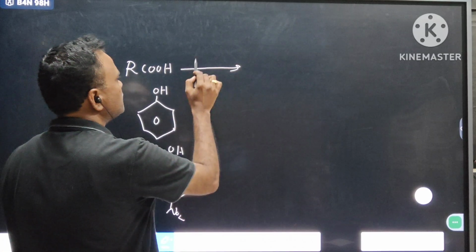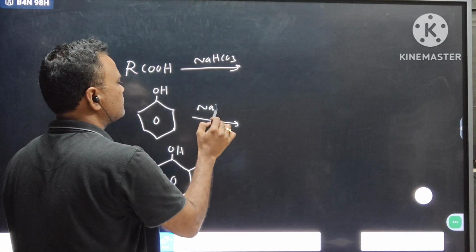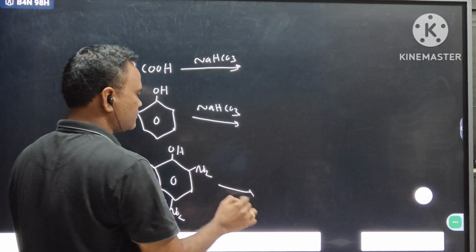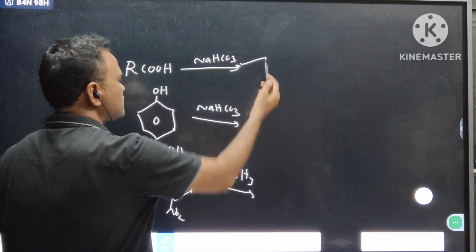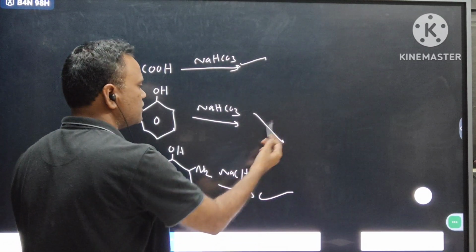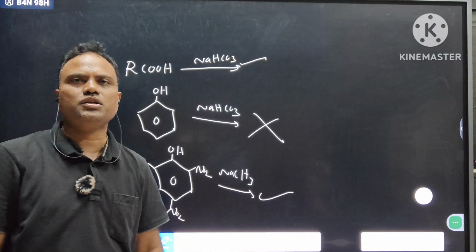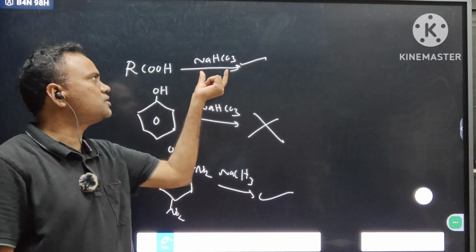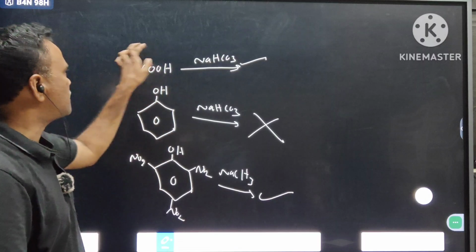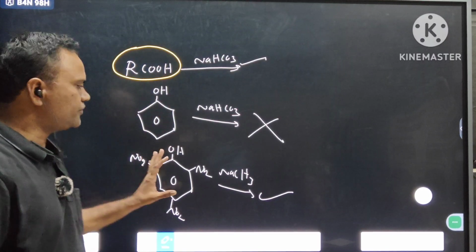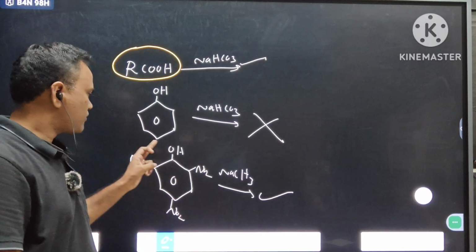When we add it, here the reaction is: strong acids react with NaHCO3. This is a base, there should be a base. Only strong acids react, there are other acids. Actually, phenol comes under the weak acid category.